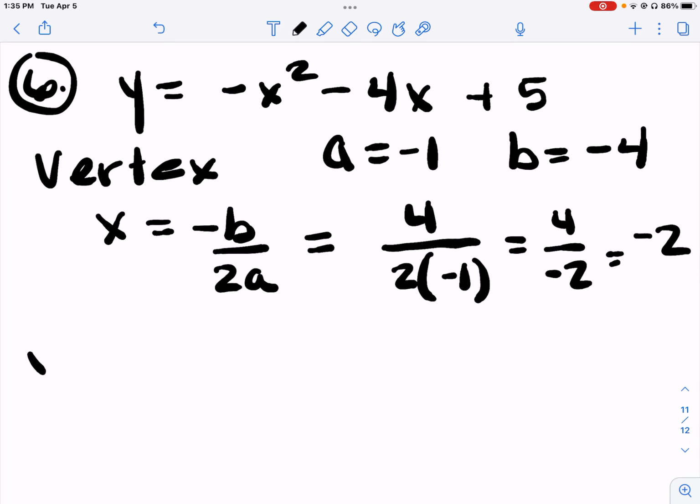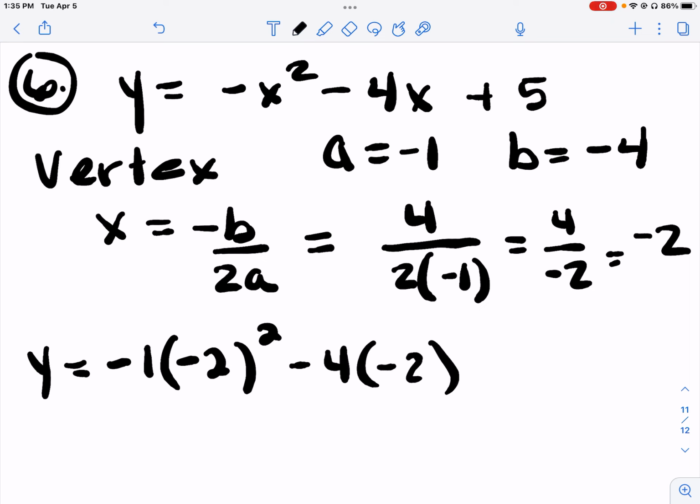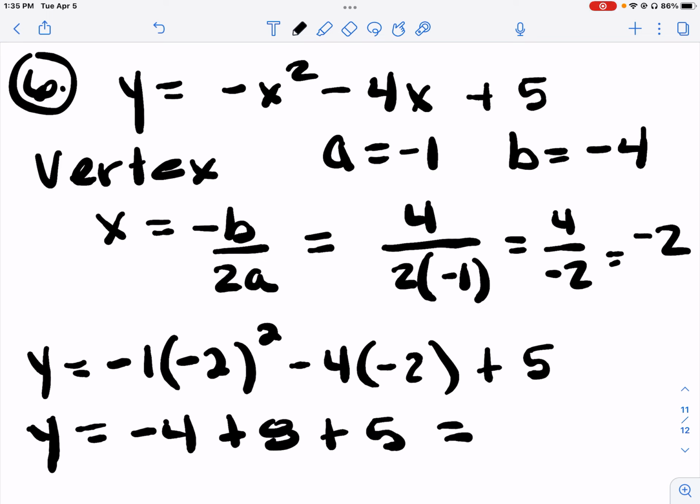Now I need to plug in. Negative x squared means -1 times x squared. Okay, a -2 times a -2 is a +4. +4 times -1. In the middle, negative times negative. Okay, 8 minus 4 is 4 plus 5 is 9. So the vertex is -2, 9.